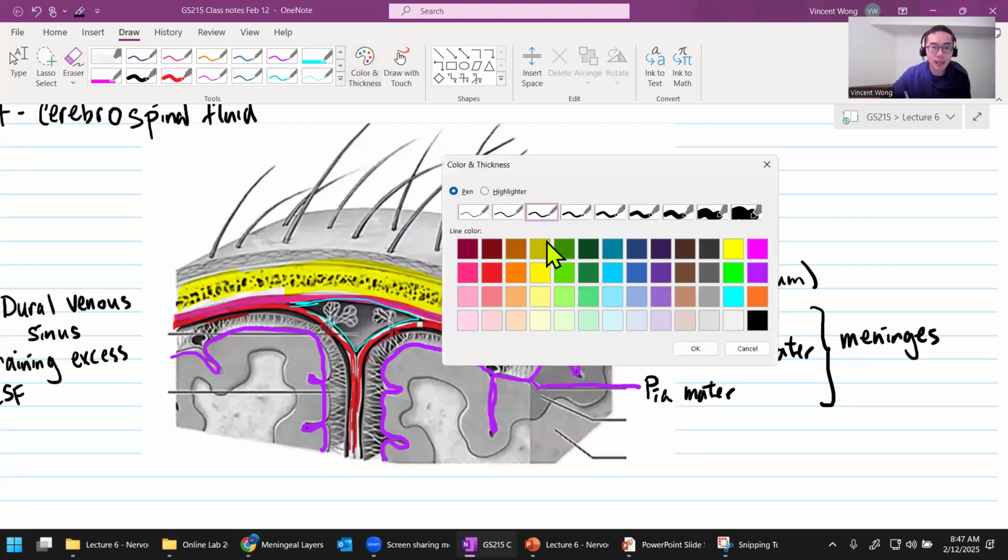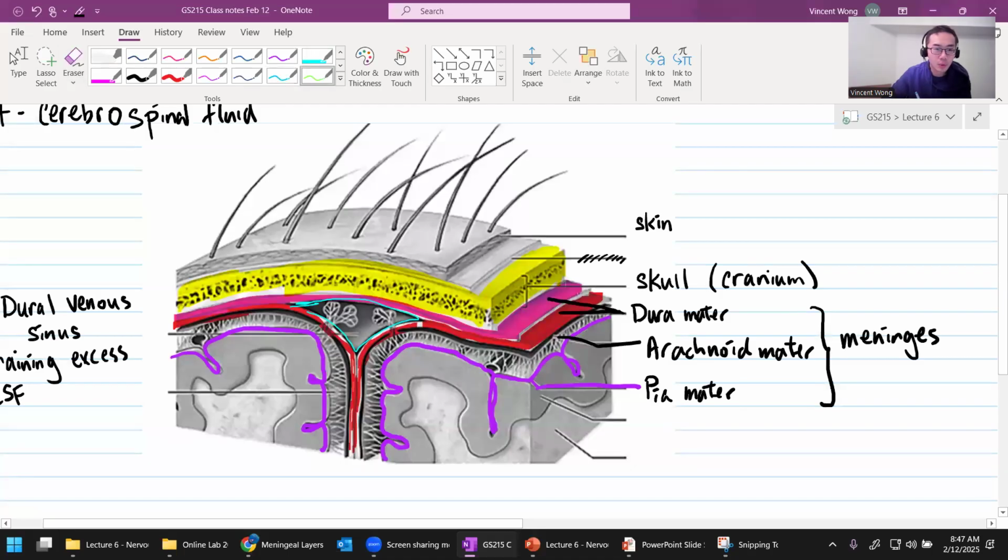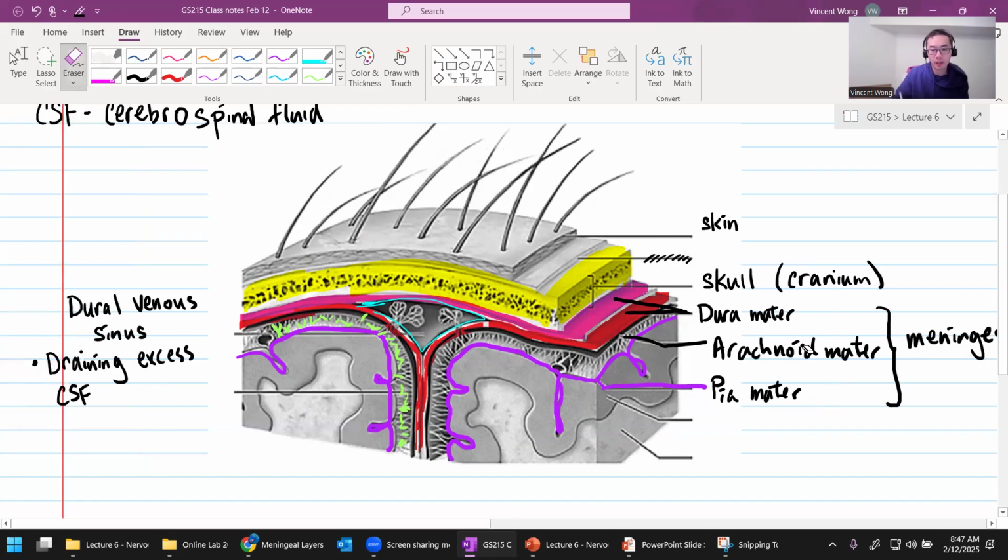All those spider web structures, all these little web looking things, are part of the arachnoid mater, but it has a special name. It's called the subarachnoid space, and this space is filled with CSF.